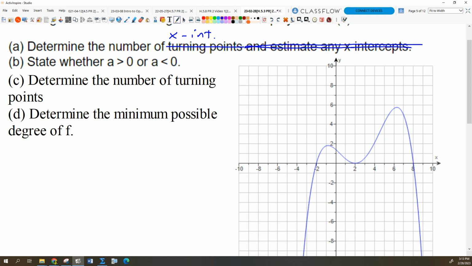Okay, yeah, it's 3, isn't it? Where are they? Well, I can see one. There's an x-intercept, so one of them is at -2. Where's the next one? Positive 2, and 8. Okay, good. Let's just skip up to C: determine the number of turning points.